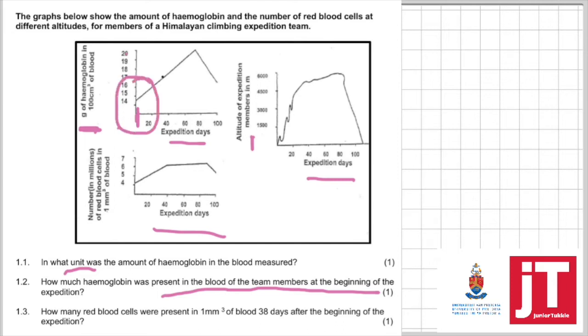We have to take this reading here, and the line looks between 14 and 15. So that will be 14,5. But don't forget, it's 1 mark, but we must have the unit, grams per 100 centimeters cubed of blood. That was also an easy one.